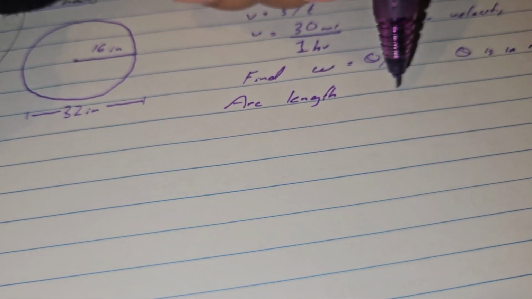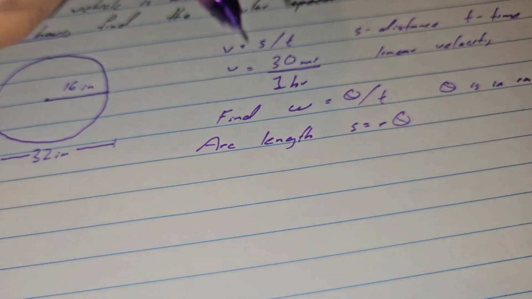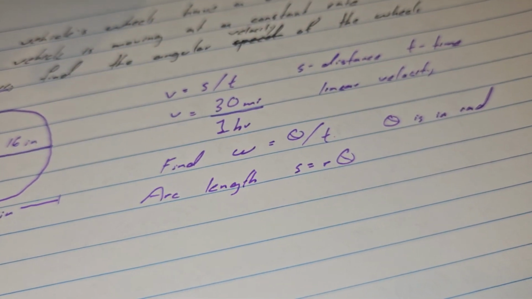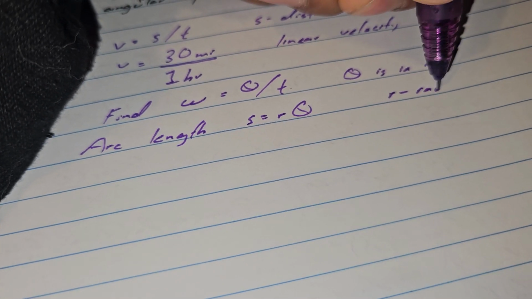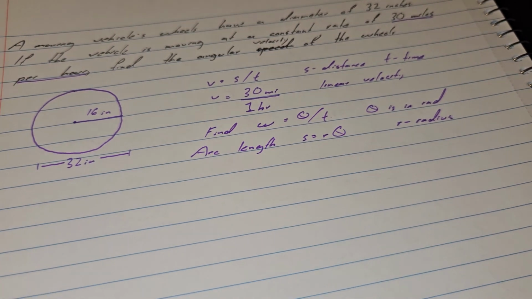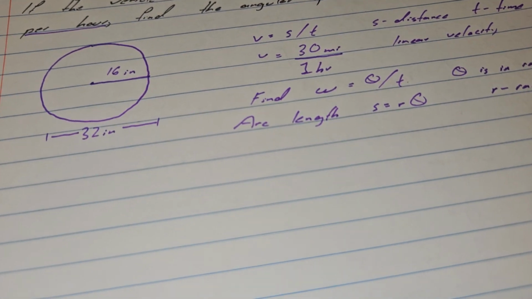And our arc length formula is given to us as S equals R theta, where S is our distance. This is obviously our angle in radians. And R, you might already know what this is, your radius. So that's what's going to relate to finding the angular velocity.